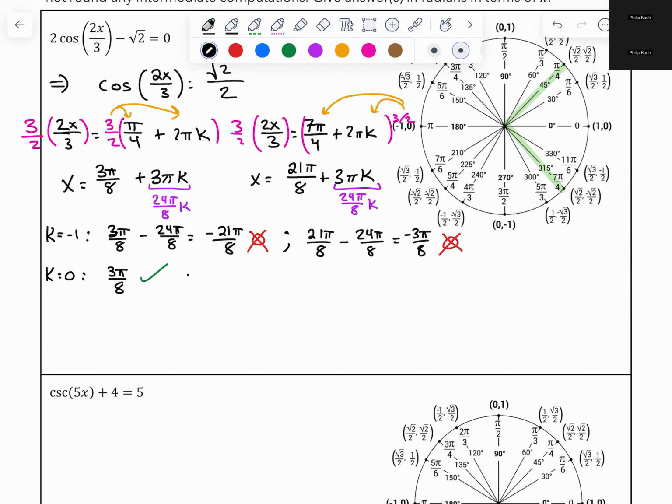And then 21 pi over 8, that is not in 0 to 2 pi, because it's bigger than 2 pi, which equals 16 pi over 8. We got 3 pi k's, but that's not what we want.